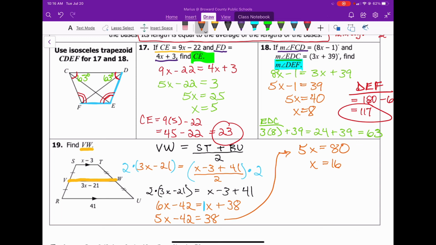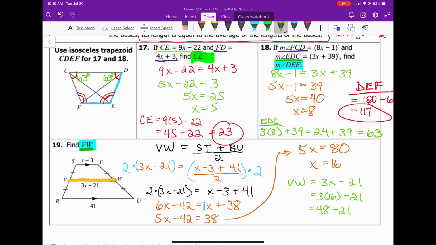Like I said from the beginning, they instructed us to find VW. So VW is equal to 3x minus 21. So that's going to be 3 times 16 minus 21. 3 times 16 is 48.